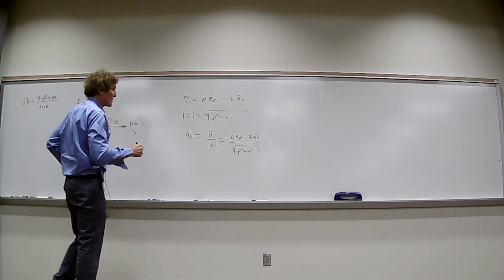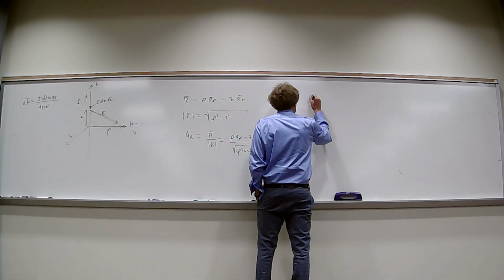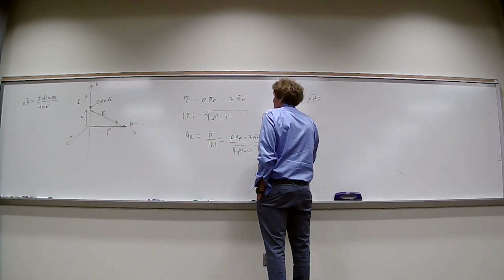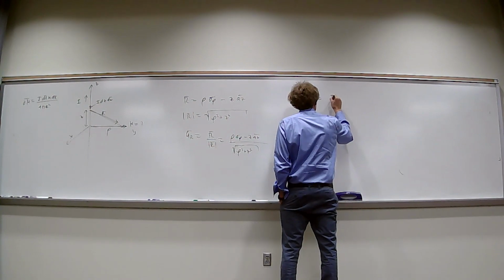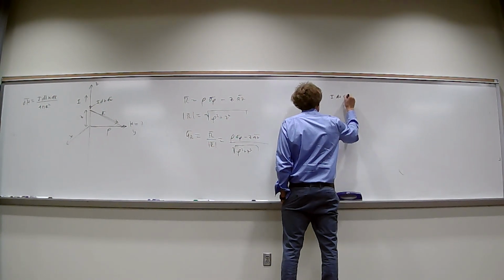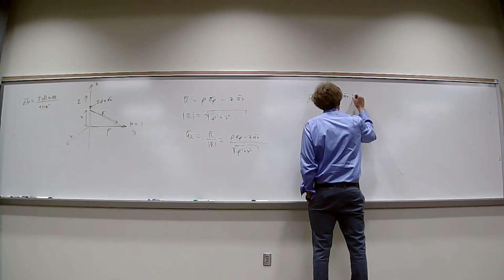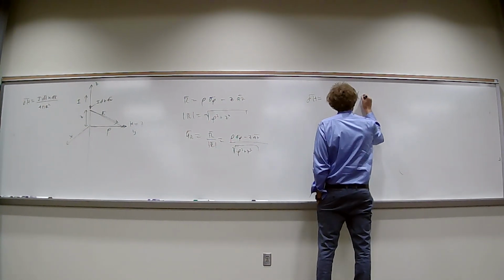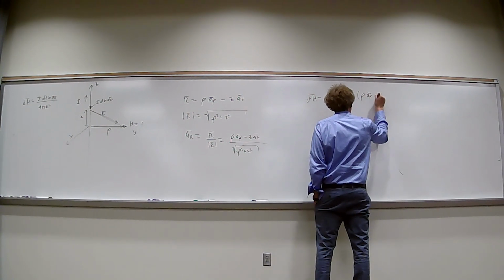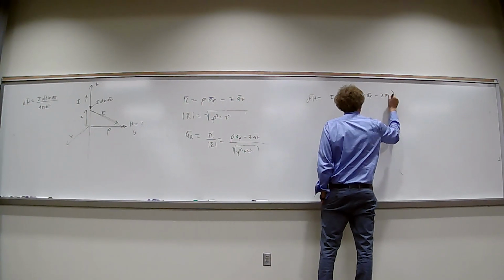Now I can write dH. And when I write dH for this one, I'm going to get I dl, or I dz a_z, crossed with my unit vector, which is going to be rho a_rho minus z a_z.